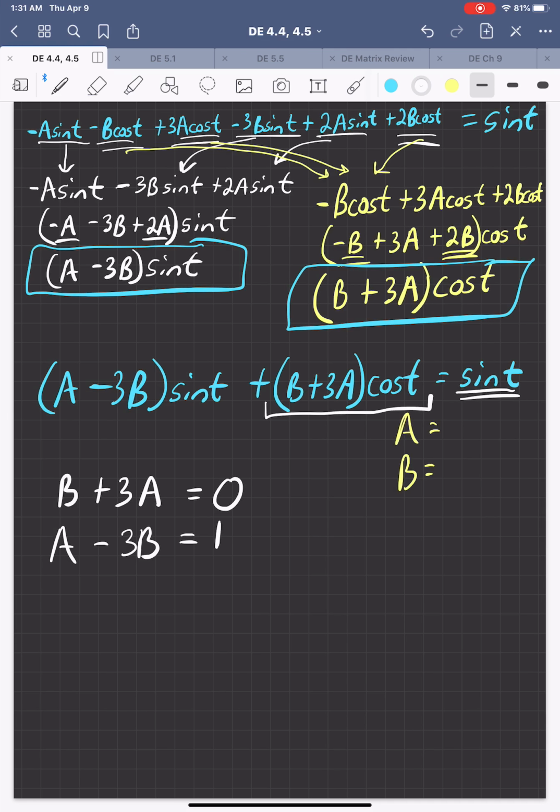We've been down this road before. That is just a system of linear equations. You go through and solve your system. It's probably better to write it with the a's under each other and the b's under each other. I think I just switched them places, didn't I? That's okay. So 3a plus b has to equal 0 and a minus 3b has to equal 1.